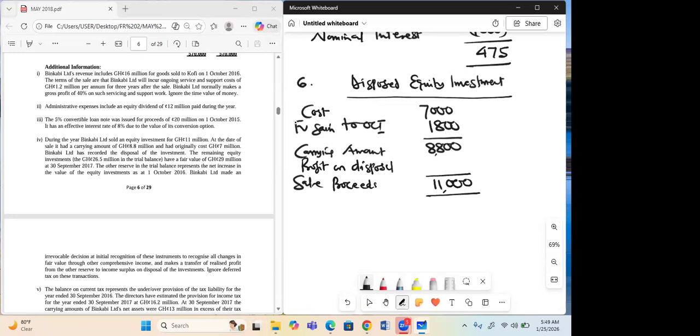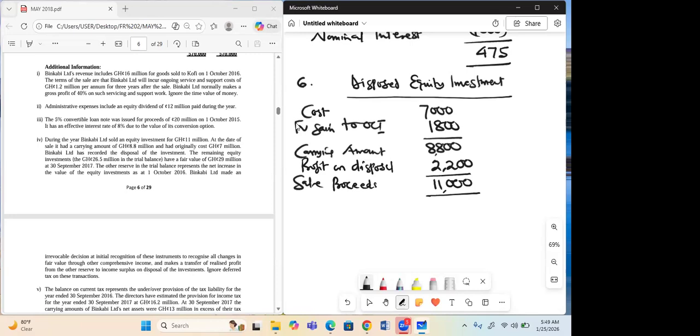Of what? 4,000? Hey, how 4,000? 8,800 to 11,000 is 2,200. Oh, I thought you were comparing the cost to the sales proceeds. No, the cost has already been compared to the carrying amount. As of today, the carrying amount is 8.8, and now we sold it. So we are comparing the 8.8 to the 11 million. Are you getting it? Okay, sir.